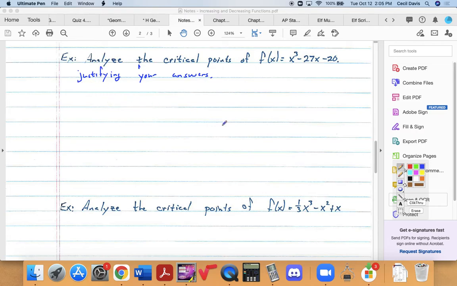So we'll take the derivative. And again, when you're taking the derivative, tell everyone that you're taking the derivative. Don't just take it and expect them to know. So 3x squared minus 27, we'll set that equal to 0. I think you can do that one pretty quickly in your head. x is equal to plus or minus 3.